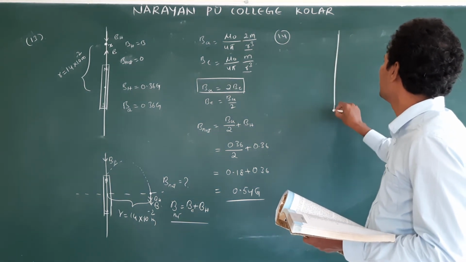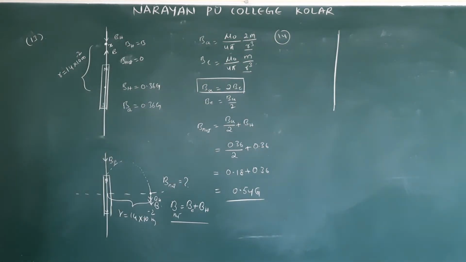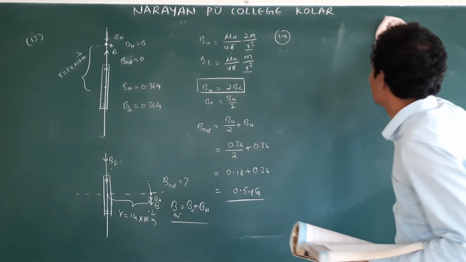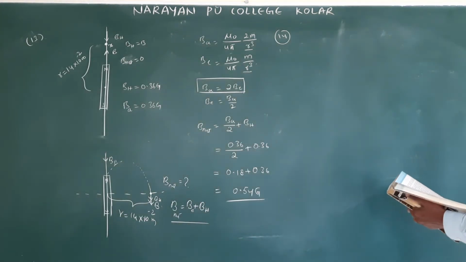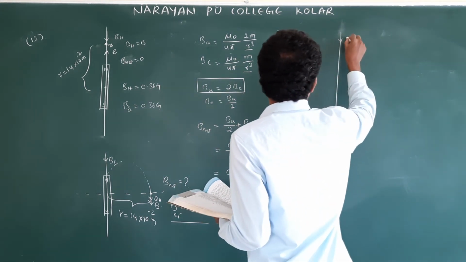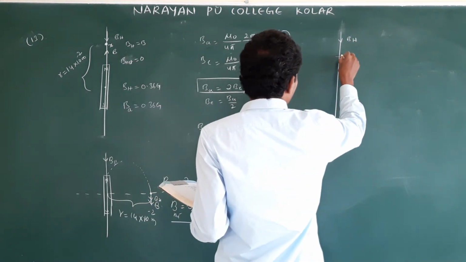What did they do in this question? The magnet is just turned by 180 degrees. What will happen? We will see now. If it is turned, this is the BH direction. Am I correct? Next, 90 degree turn.